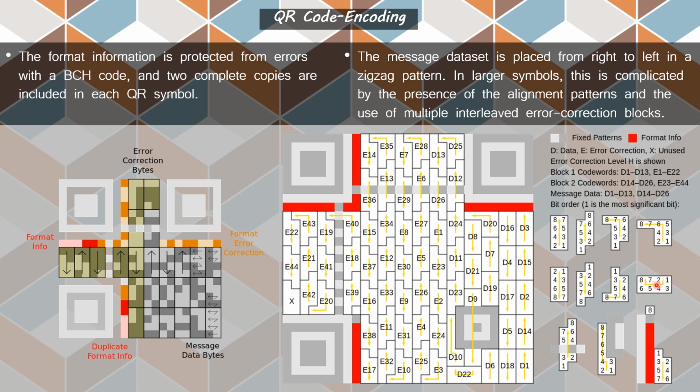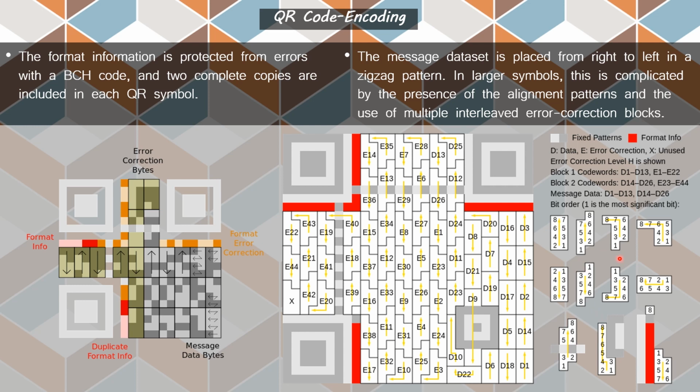It is 1, 2, 3, 4, then 5, 6, right to left, then 7, 8, like that. In a similar way, if your data is arranged like this, then you have to follow down here, then go to 8, which is placed above the format information, and that is how you have to read your QR code data.